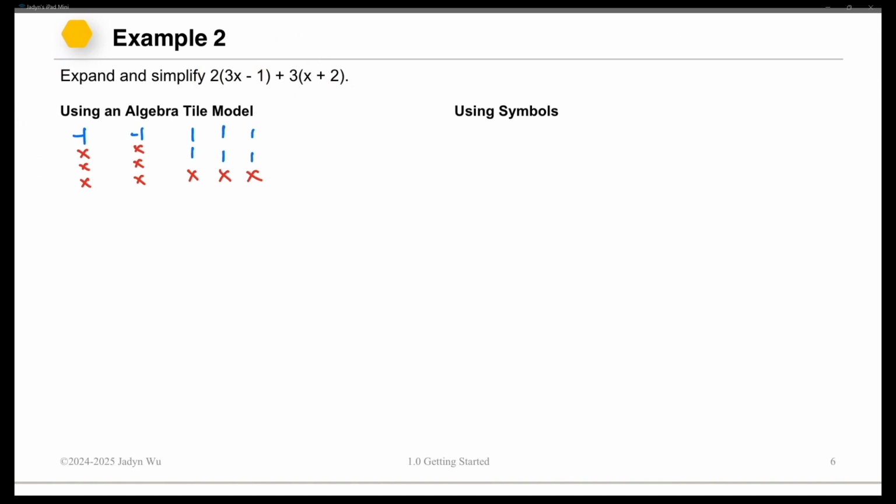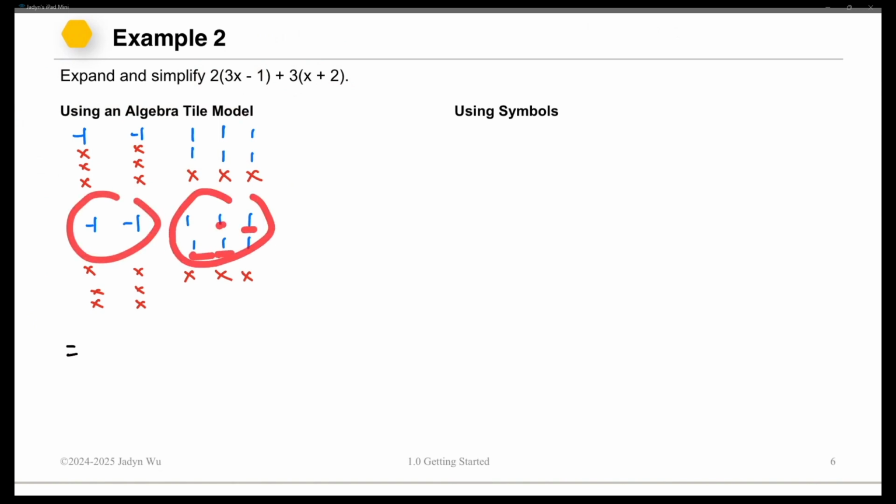Now we need to put all the numbers together and put all the variables together. We count that we have negative 1, negative 1, 1, 1, 1, 1, 1, 1, and we have all the x here. The only thing is we need to count the values here. So we have negative 1, negative 1, plus 1, plus 1, plus 1, plus 1, plus 1, plus 1.